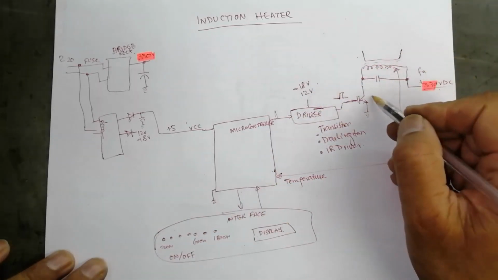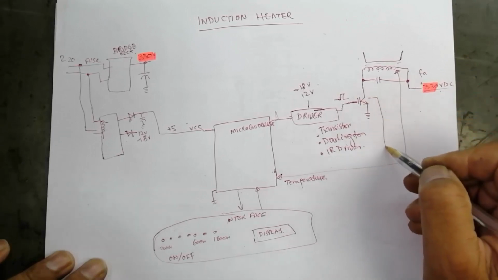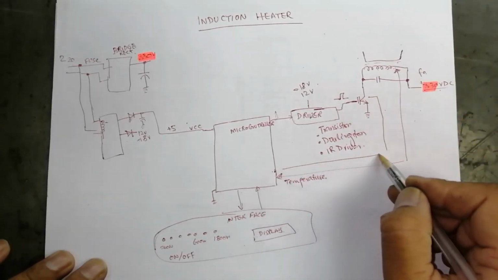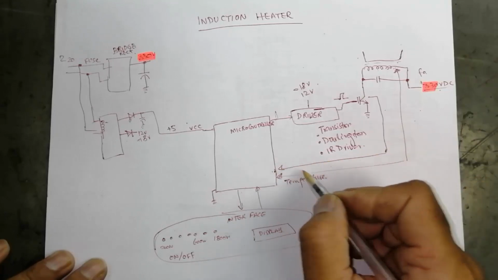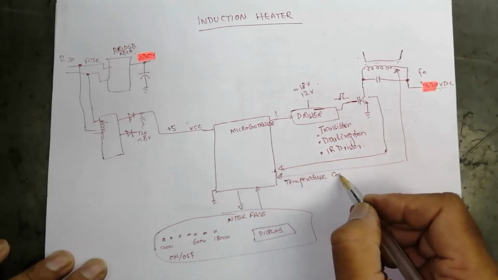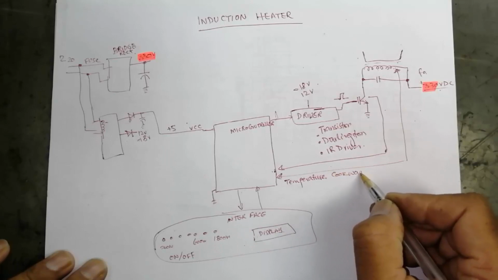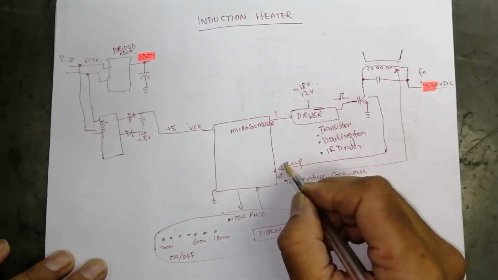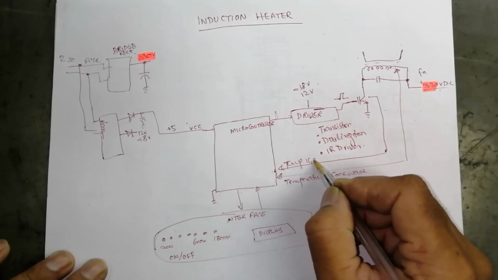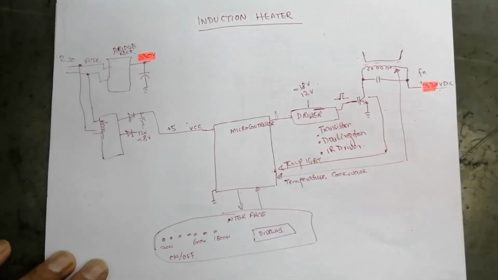Then there is another temperature sensor for the IGBT, because it is a high current driver. Temperature of cookware, temperature of IGBT.